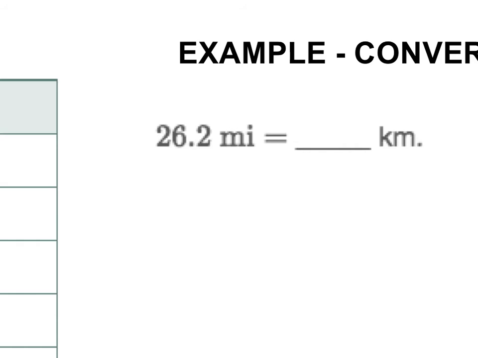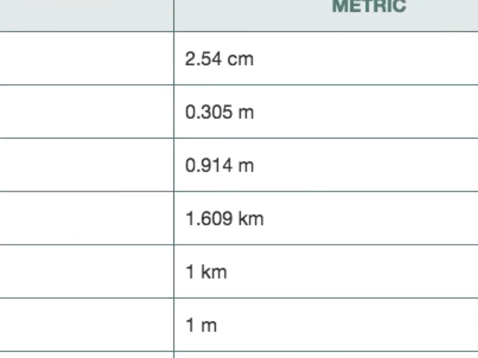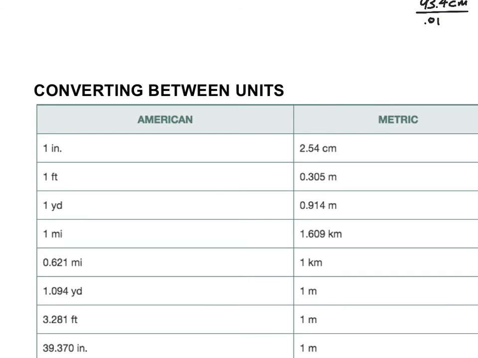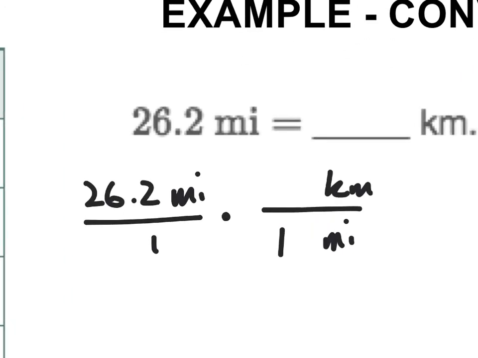So 26.2 miles over 1. I'm going to multiply that by miles and kilometers. Let's just put 1 mile here and use that first conversion. 1 mile is the same as 1.609 kilometers.